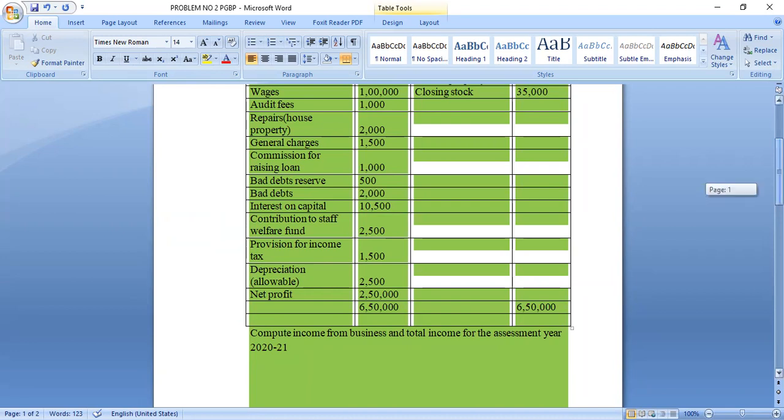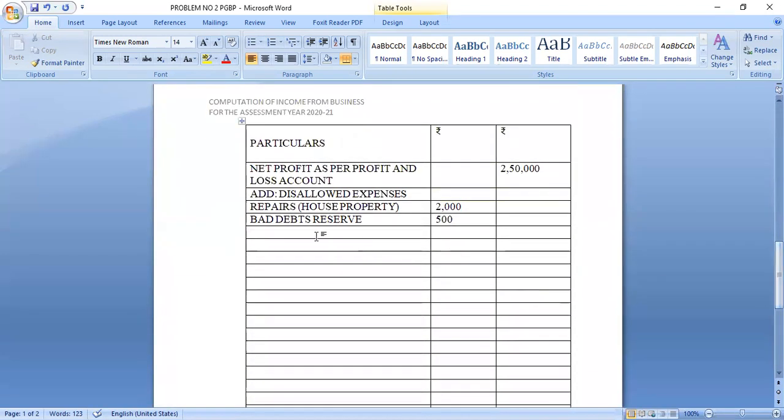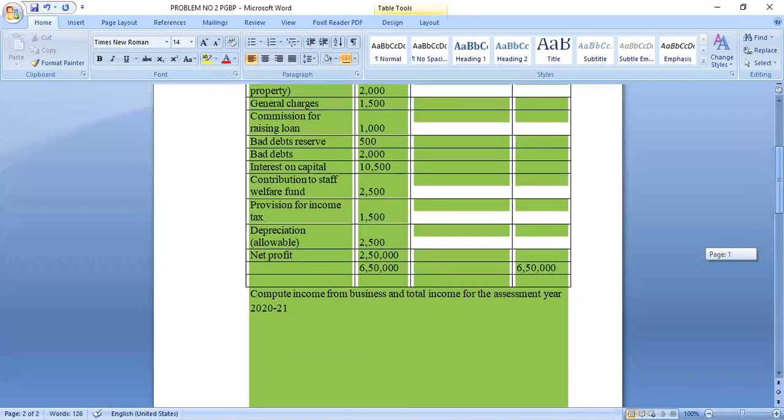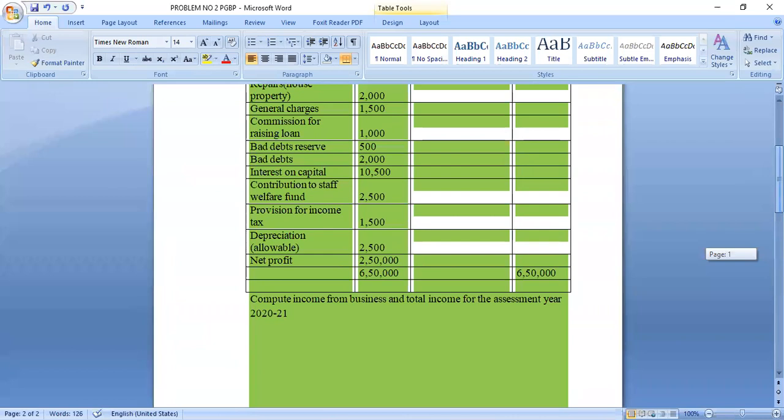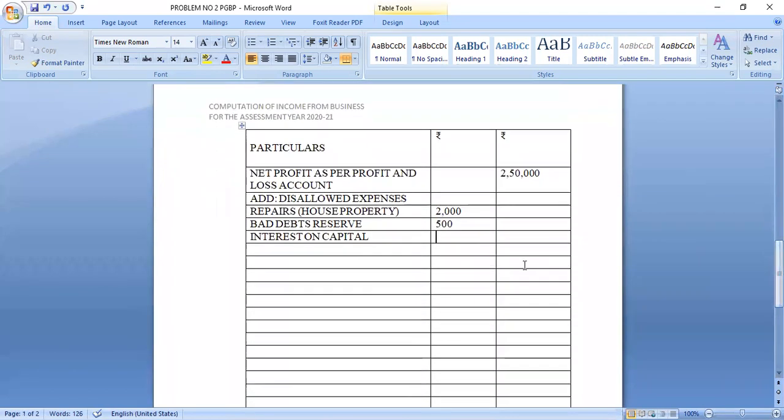So we'll take that disallowed as interest on capital. Cannot show as business expenses. Okay, what is interest on capital? 10,500. This is called disallowed, not concerned with the business. So 10,500.